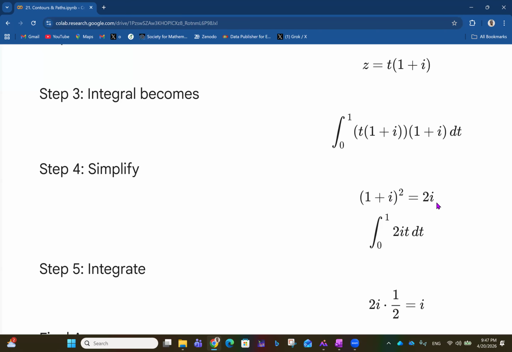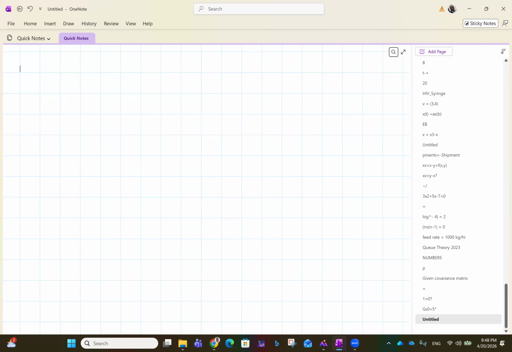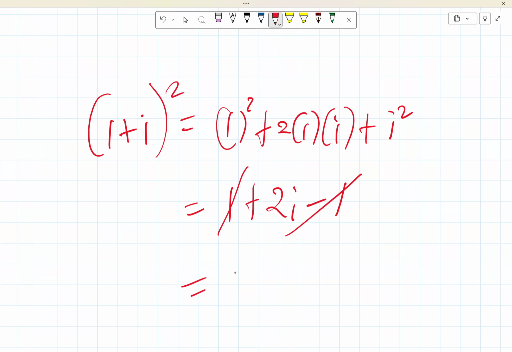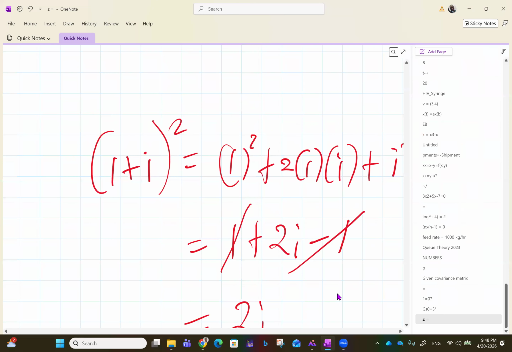And if you expand 1 plus i squared, you get 1 squared plus 2 into 1 into i plus i squared. And that is 1 plus 2i minus 1. So this cancels out, and we simply have 2i. And that's how that came about.